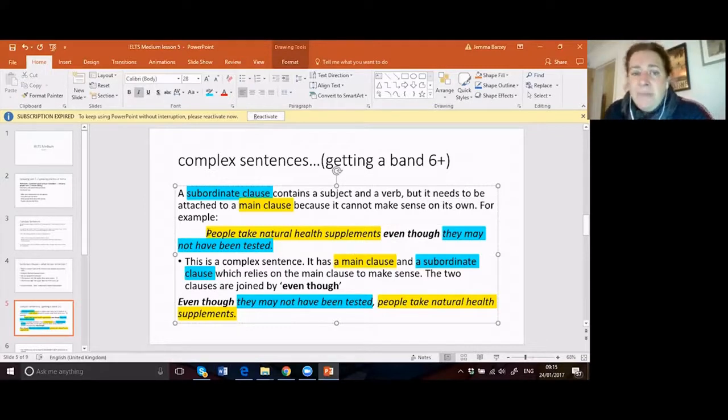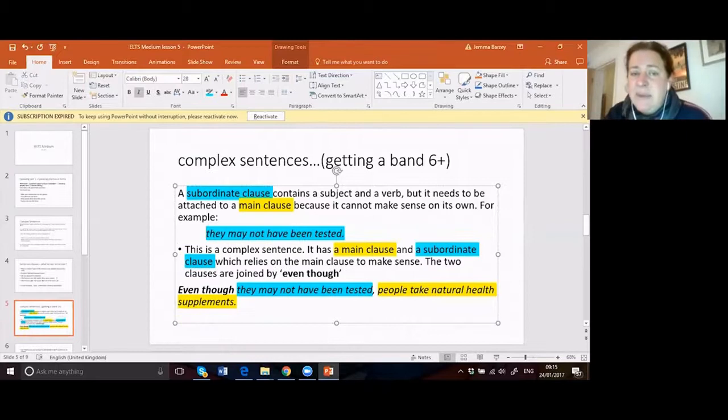So this is the main clause. Do you understand the yellow? Does that make sense to you, just on its own, yeah? Yes. But if you looked at the blue without the yellow, so if we just deleted that, does that sentence make sense? No, you don't know what it's talking about, okay?